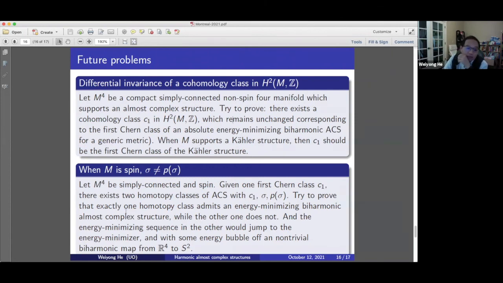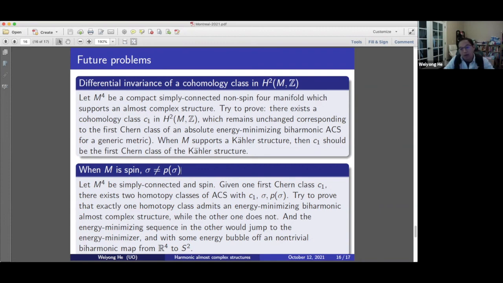The other one is quite technical. So maybe what's happening when M is spin. These two homotopy classes are not the same. I believe that one homotopy class admits an energy minimizing biharmonic almost complex structure, while the other one does not.